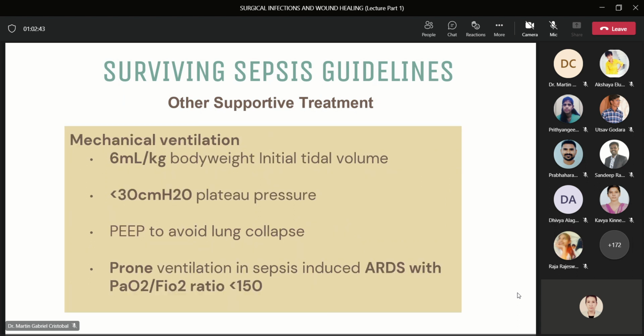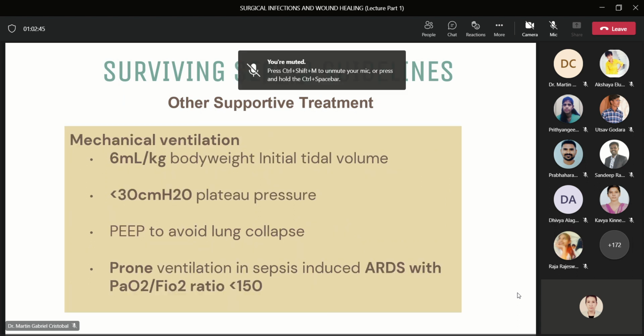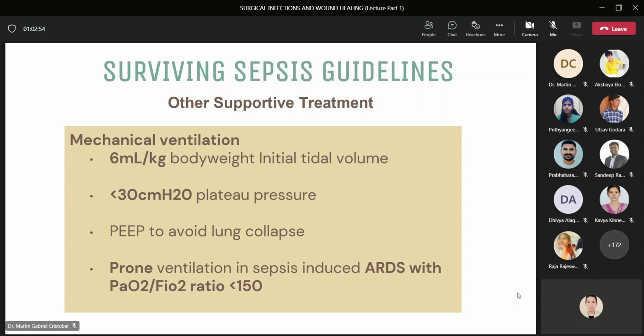So next are the other supportive treatments. For mechanical ventilation, the target initial tidal volume of 6 ml per kilo body weight and a plateau pressure of less than 30 cm H2O in patients with acute lung injury should be maintained.